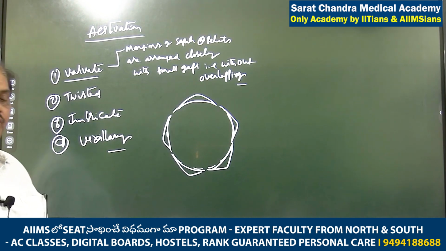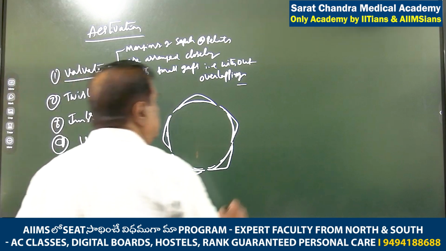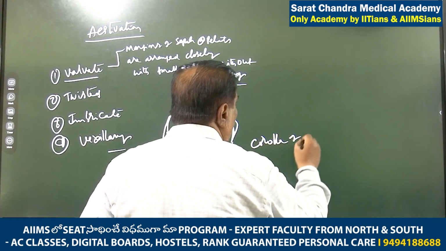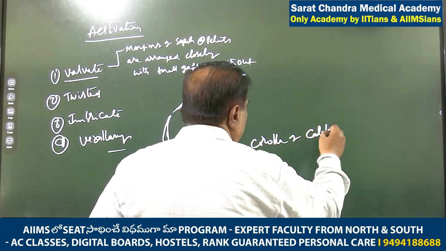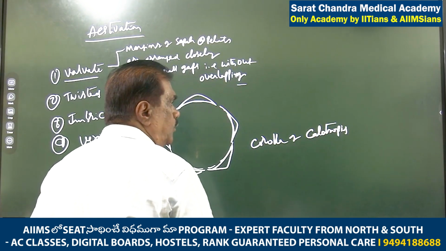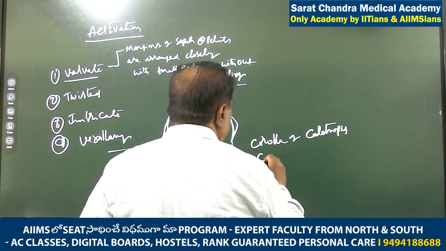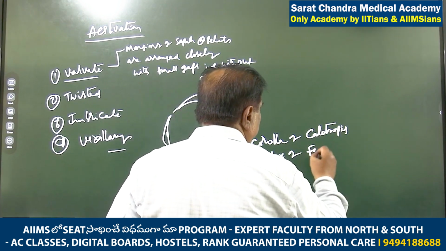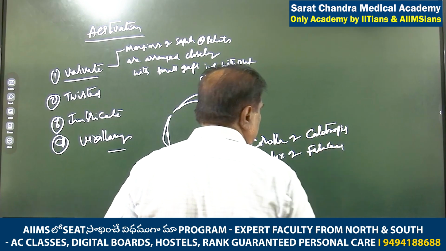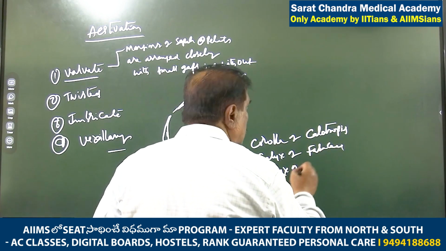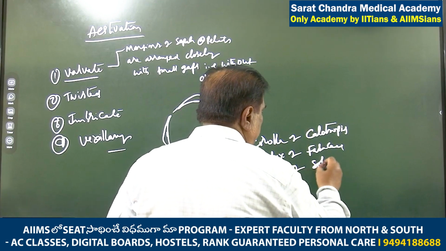Example for a plant that shows valvate estivation: the corolla of Calotropis. Calyx of Fabaceae, all the members of Fabaceae. Calyx of Solanaceae.